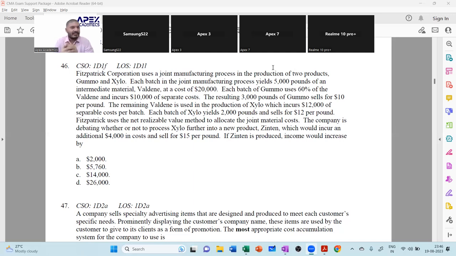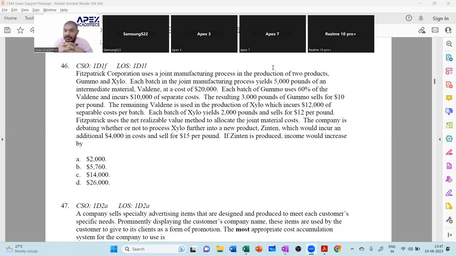Fitzpatrick Corporation uses a joint manufacturing process in the production of two products, Gummo and Xylo. Each batch of the manufacturing process yields 5,000 pounds of an intermediate material, Valdene, at a cost of $20,000. Each batch of Gummo uses 60% of Valdene and incurs $10,000 of separate costs.